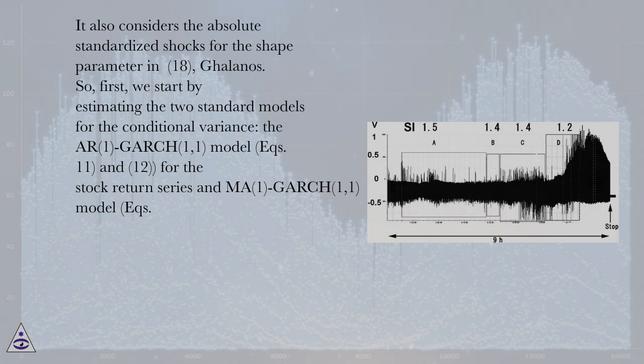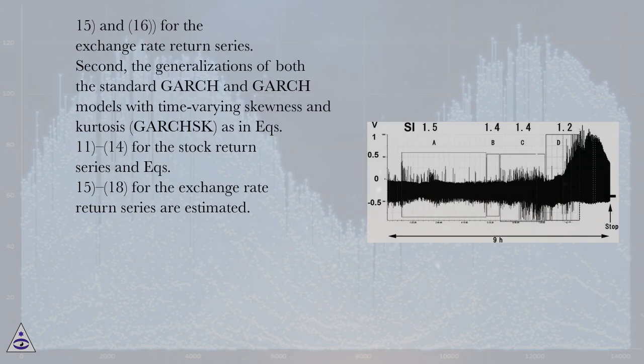So, first, we start by estimating the two standard models for the conditional variance: the AR(1) GARCH(1,1) model, equations 11 and 12, for the stock return series, and the MA(1) GARCH(1,1) model, equations 15 and 16, for the exchange rate return series.